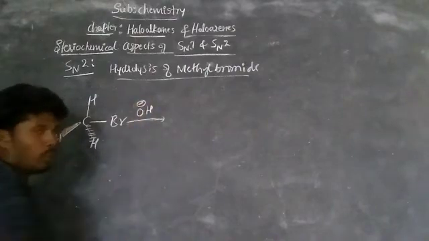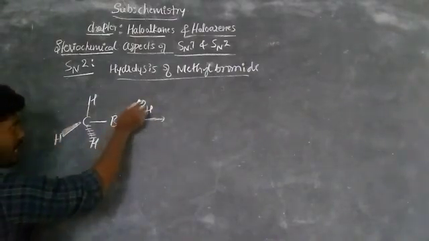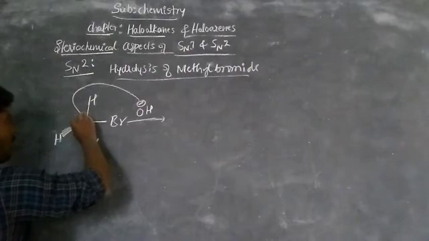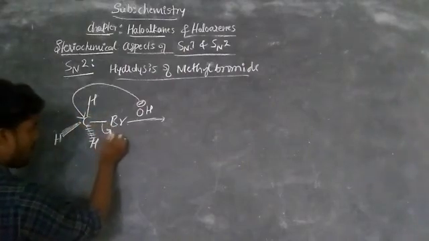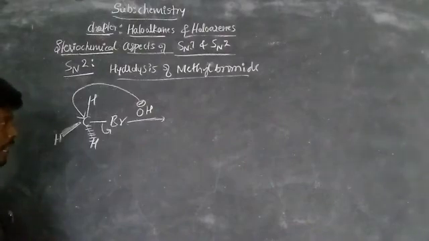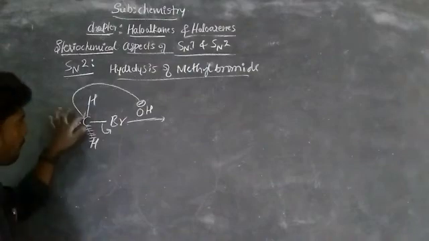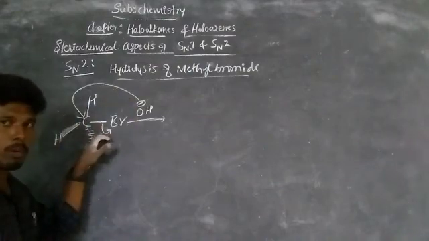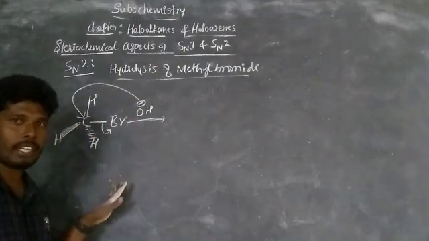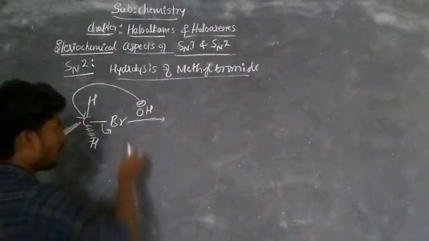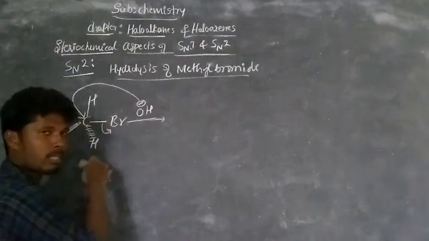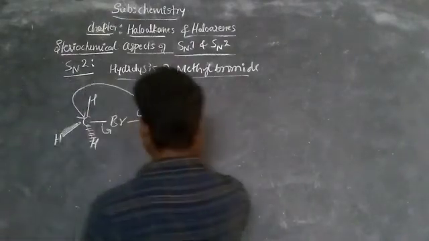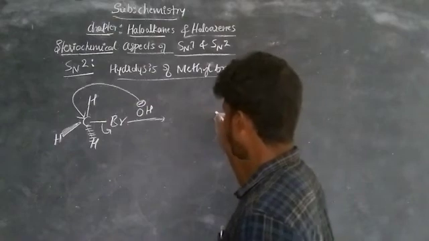In SN2, the OH minus attacks exactly the opposite side of the leaving group. Here the leaving group is Br minus. This takes place in only one step. The formation of a bond and the breaking of a bond take place simultaneously. So the O-C bond is formed partially and the C-Br bond is broken partially, so that you get a transition state like that.